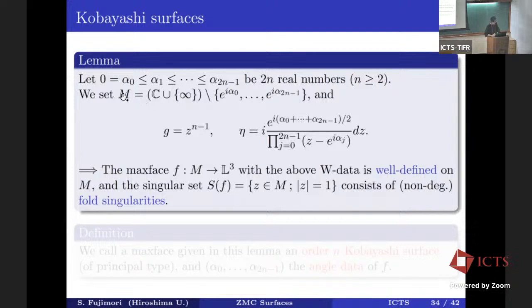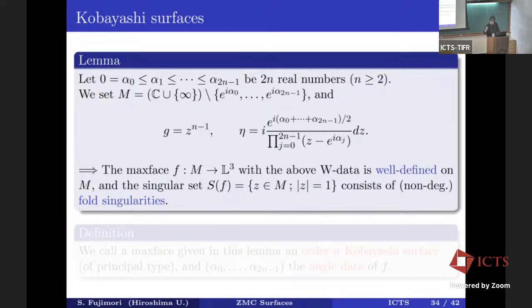And we set M as the Riemann sphere minus these two endpoints. And we set G equal to z to the n minus 1, and the eta as follows. Okay. Then it is easy to show that the maxface F with the above Weierstrass data is well defined on M. So the period problem is solved.